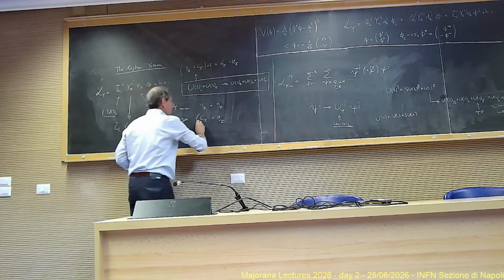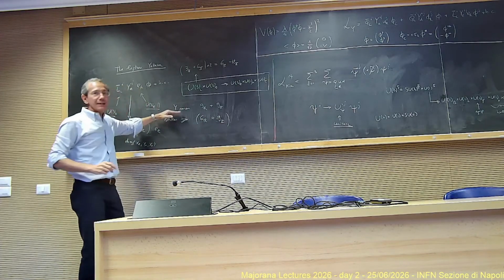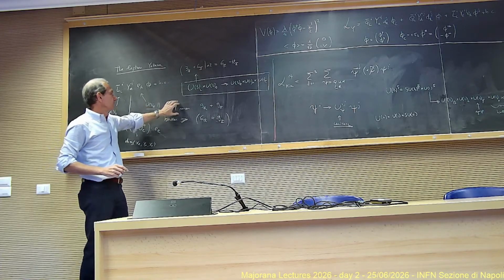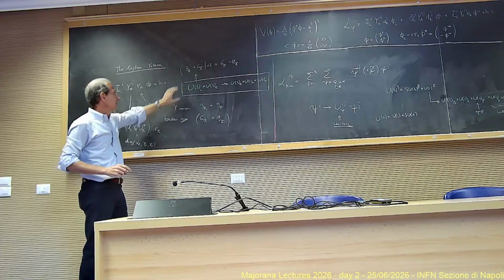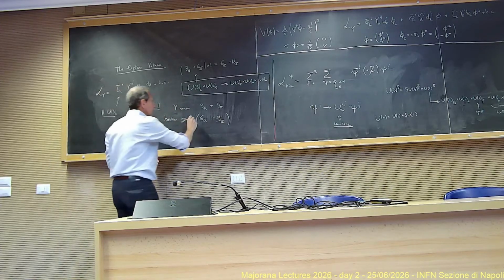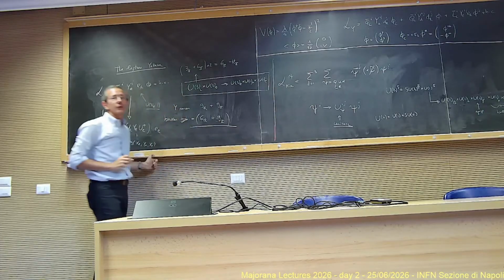Okay, so these are the parameters I started with. These are the broken generators that, with this breaking term, I have killed. And so this gives me the counting of the physical parameters.